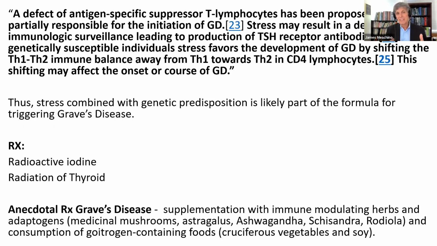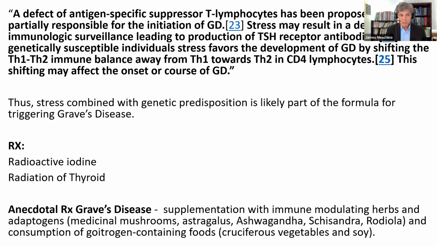In genetically susceptible individuals, stress favors the development of Graves' disease by shifting the Th1/Th2 immune balance away from Th1 and towards the more inflammatory, autoimmune-associated Th2 profile in the T lymphocytes known as the CD4 cells or the T helper cells. As soon as they shift to Th2, that tends to imply an autoimmune disease is likely to occur. And this shifting occurs as a response to stress in people who are genetically susceptible. So stress combined with genetic predisposition is likely part of the formula that triggers Graves' disease in some people.